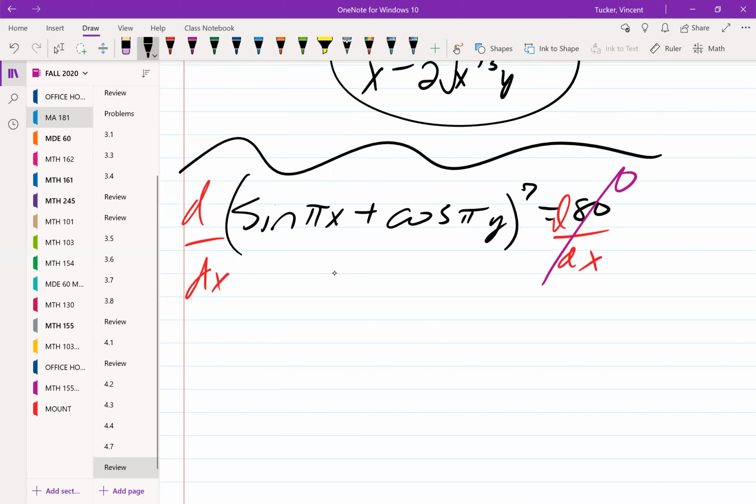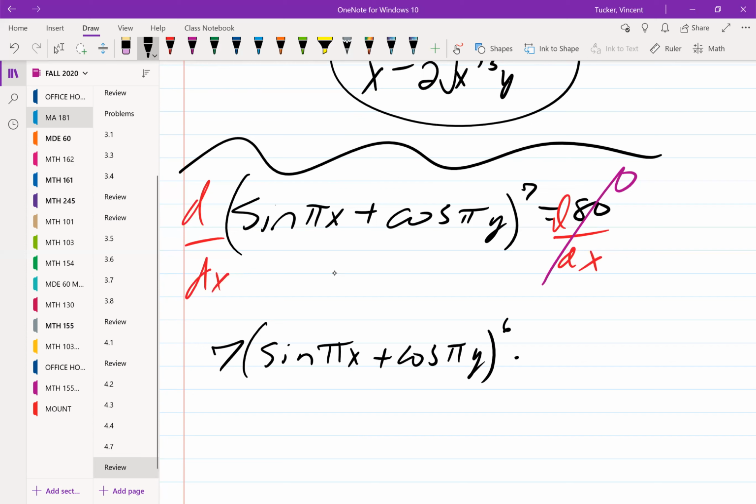And then over here, we need to take the derivative of the inside and derivative of the outside. So the first thing we do is look at the outside. So it's going to be 7 sine pi x plus cosine pi y, raised to the 6th power.